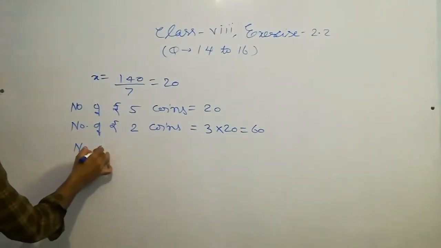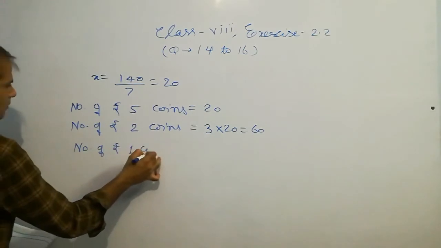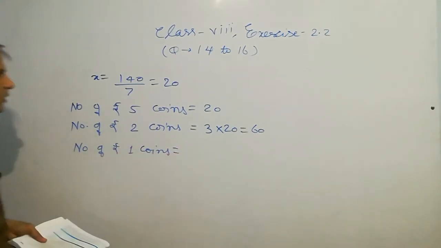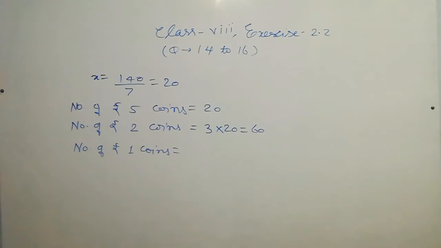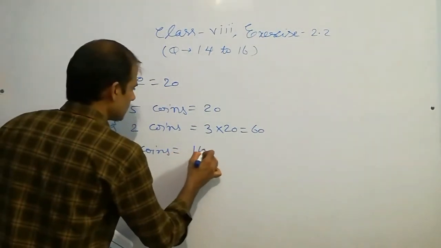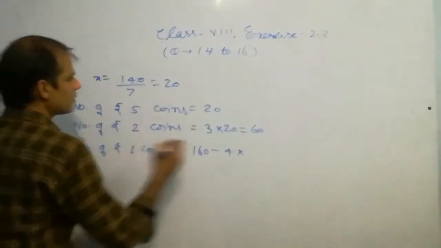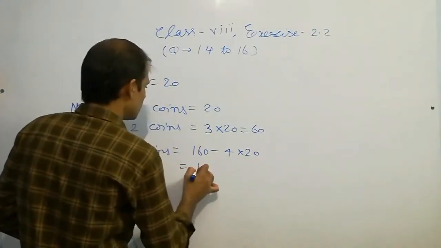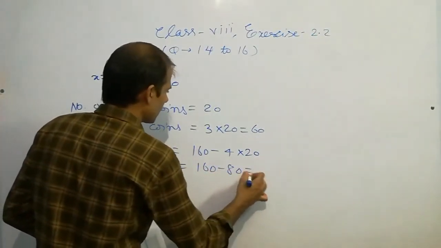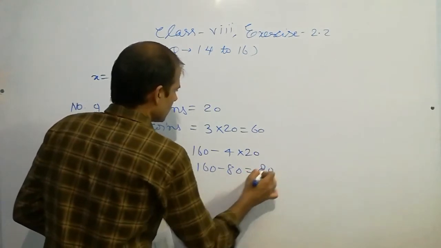And number of rupees 1 coins was 160 minus 4x. So it is 160 minus 4 into, what is x? That is 20. So it is 160 minus 80, and that is 80.